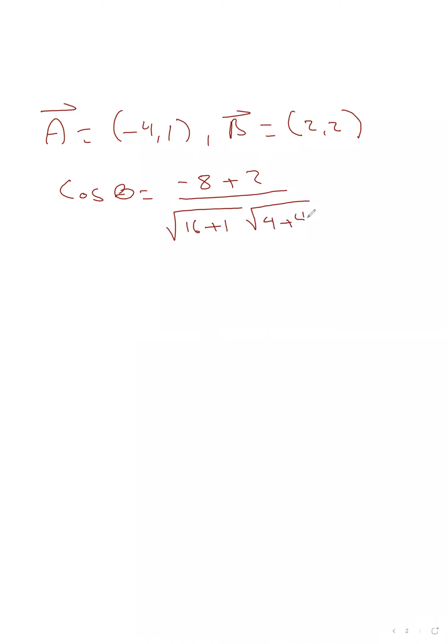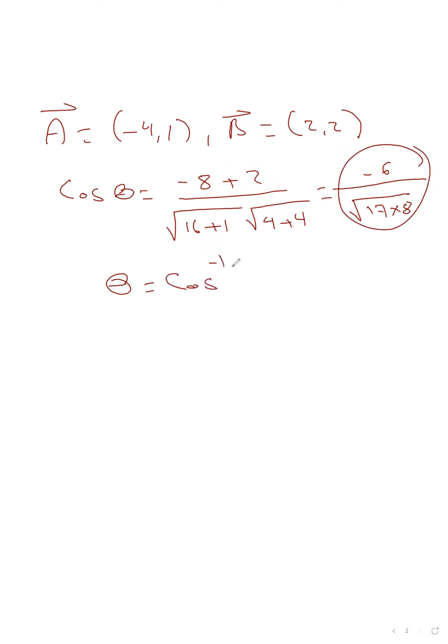Okay, go on. Negative 6 over root 17 times 8 and find the angle. Can you calculate the measure of angle from this one? One second. The cosine power of negative 1, which is shift cosine of this answer.